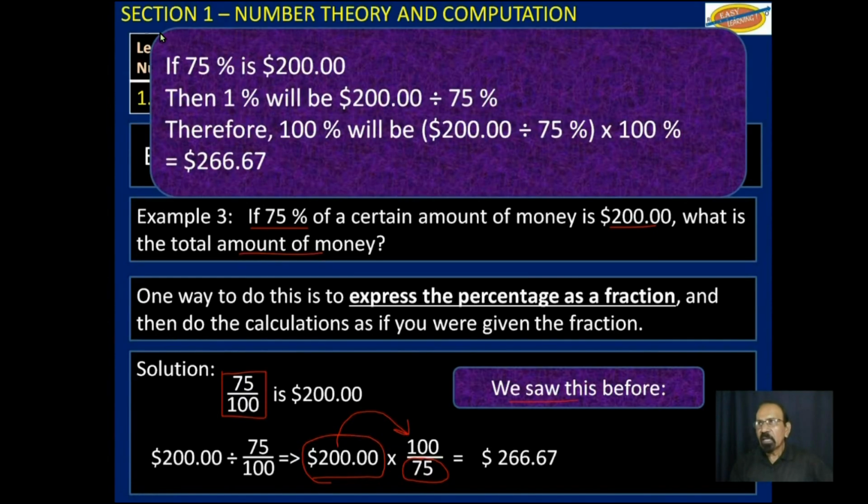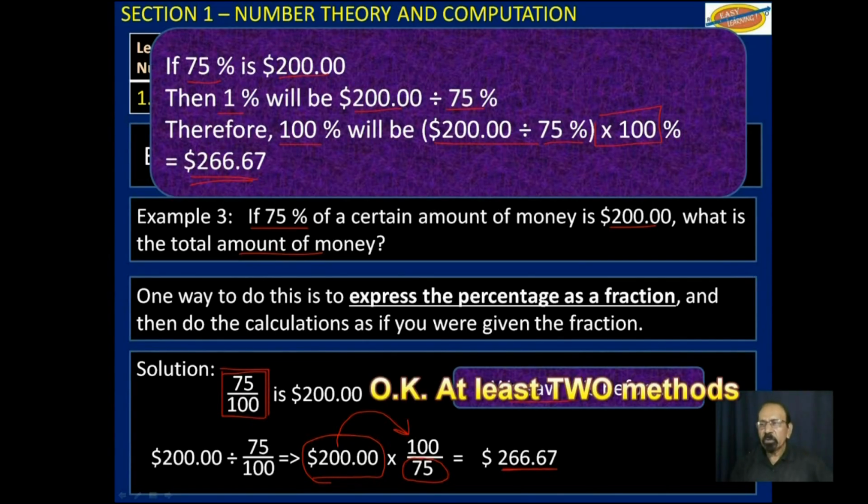So if 75% is $200, then 1% must be 200 divided by 75. 100% will be that number, 200 divided by 75, multiplied by 100. And notice what you got back: $266.67.